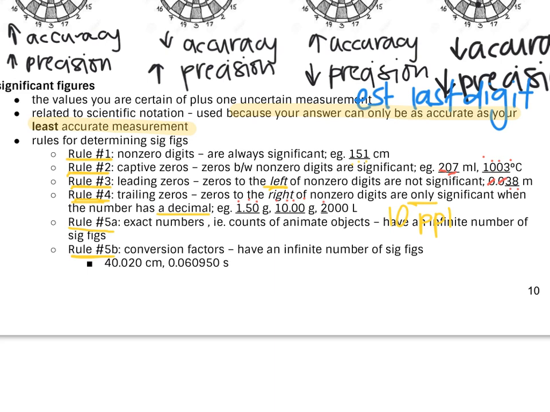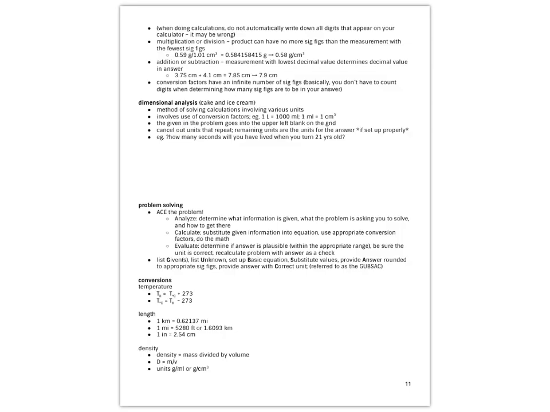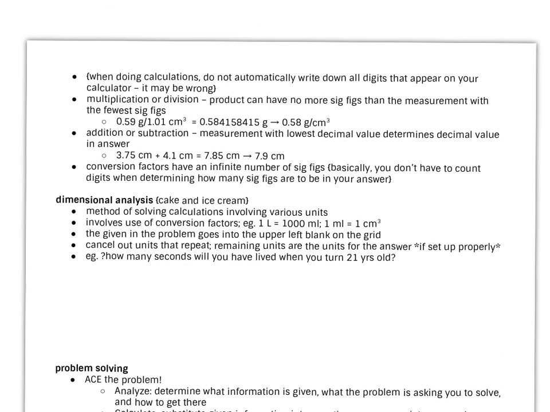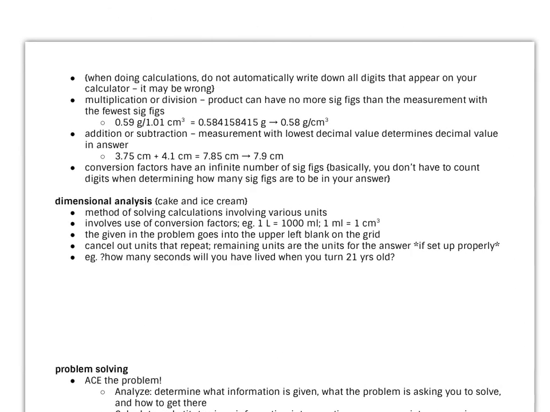One last thing with sig figs, or with calculations. So if you're doing calculations and you are just plugging and chugging your numbers, don't automatically write down all the digits that appear in your answer, because it may be wrong.